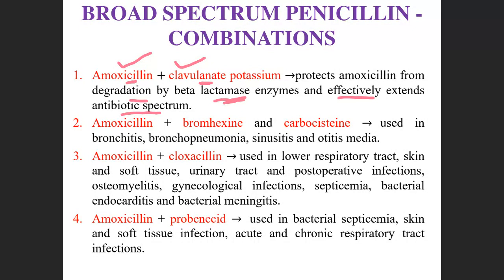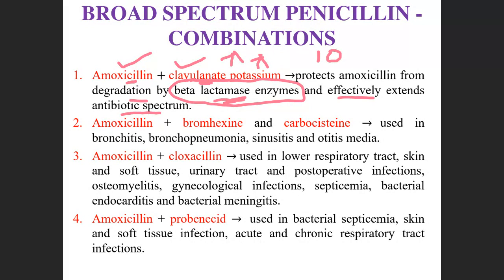What does this explain? When they are both combined, they help each other to increase the activity, and the beta-lactamase enzyme will not degrade amoxicillin. So the activity will be increased. Suppose, for example, that amoxicillin alone kills only 10 bacteria. This is just an example for explanation.